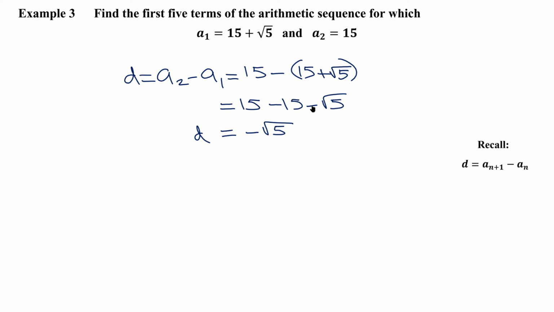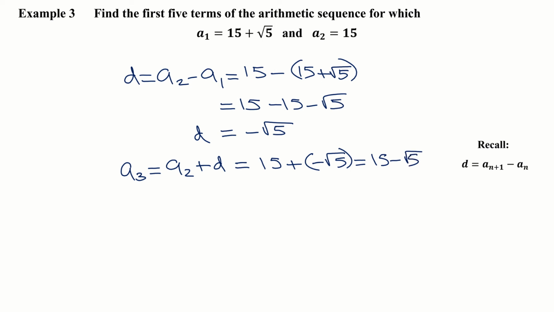So now that I know that, all I have to do is add that to the second term to get the third term. So in other words, A3 is going to be A2 plus D, right? So it's going to be 15 plus negative square root of 5, which of course is just 15 minus square root of 5.